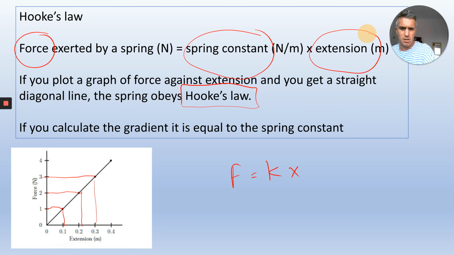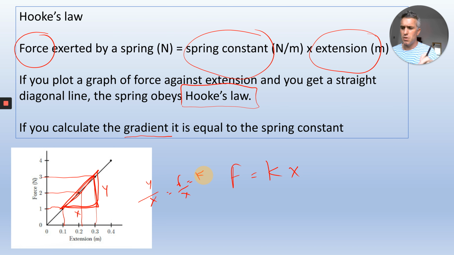If you then use this graph to calculate the gradient, you can get the spring constant, because the gradient is y over x, so y over x is the same as F over x, which is equal to k.